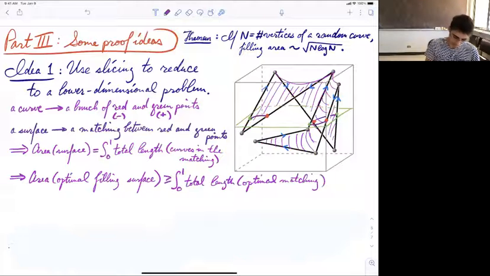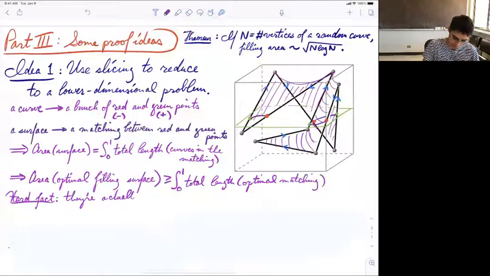And in fact, the two sides in this inequality are not that far apart. This is kind of a hard fact, that they're actually close to each other.